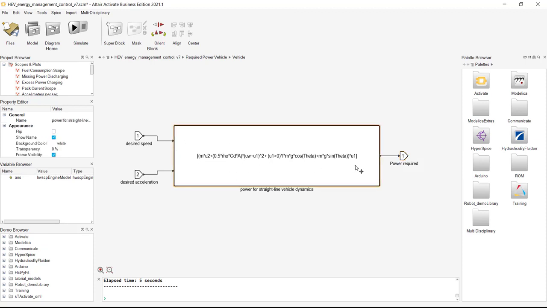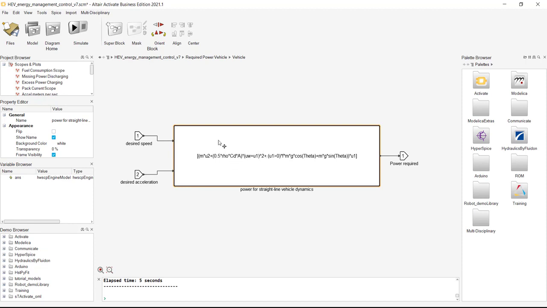There are a few parts to this equation, and if we pull them out, we can recognize parts of our vehicle dynamics model. So M is the mass of the vehicle. U2 is our second input, which is the acceleration. So mass times acceleration will be our desired forward force, our driving force of the vehicle.